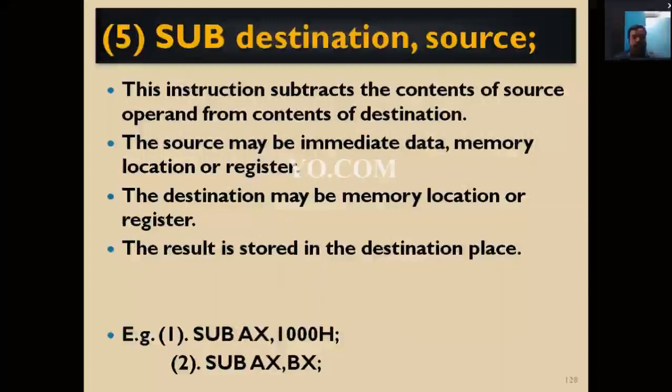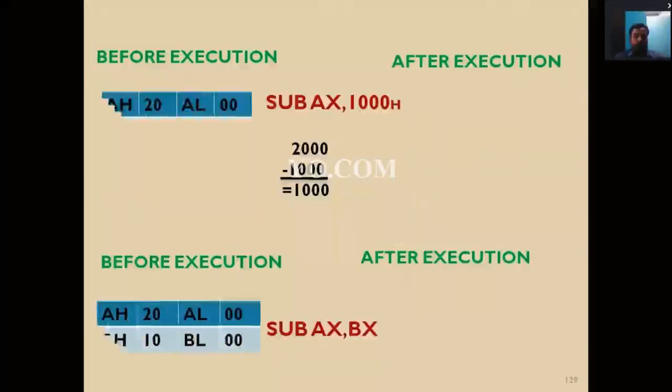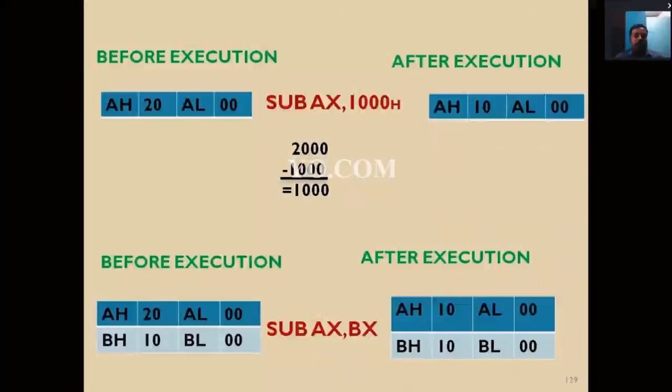SUB AX comma 1000 means AX minus 1000. Similarly SUB AX comma BX means AX minus BX. See, before execution and after execution. Before execution, consider the first instruction SUB AX comma 1000. AX value equal to 2020.